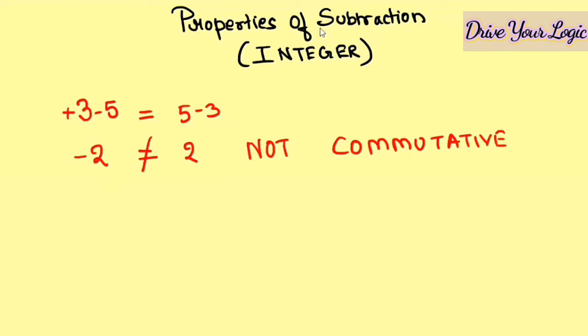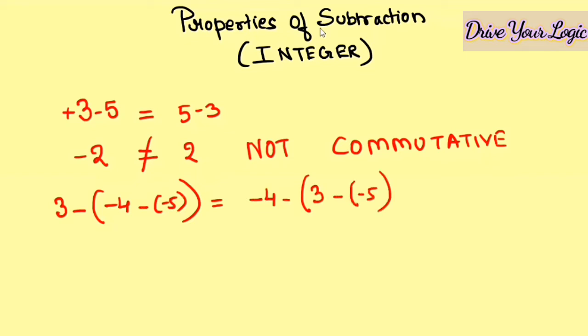Now the third property of subtraction is that it is not associative. How? For example, let me take 3 minus, inside the bracket, 4 minus 5. You can take the second bracket also. Will it be the same as if I take it this way, 3 minus 4, minus 5?